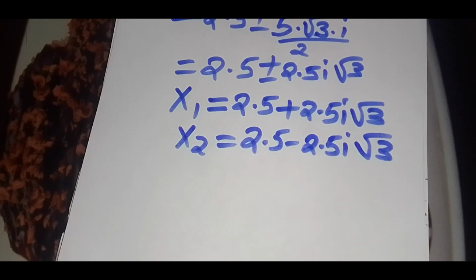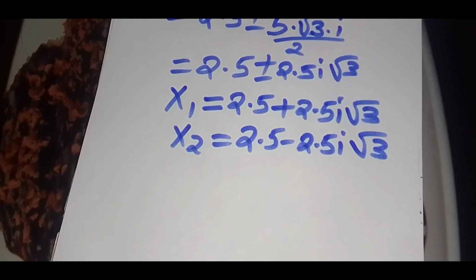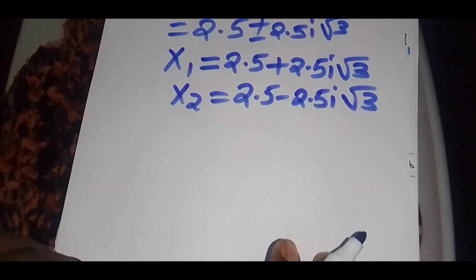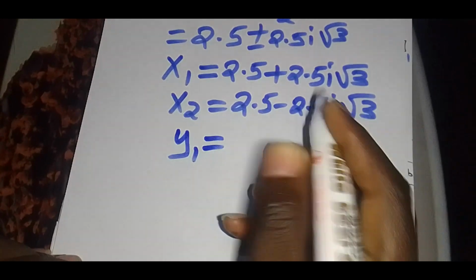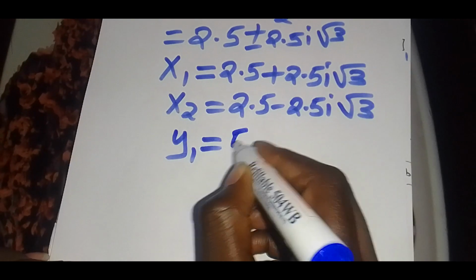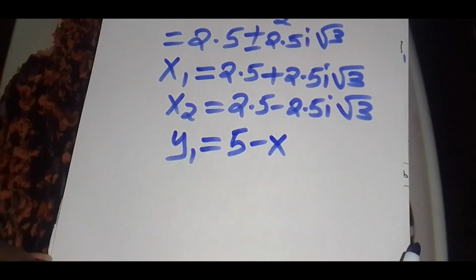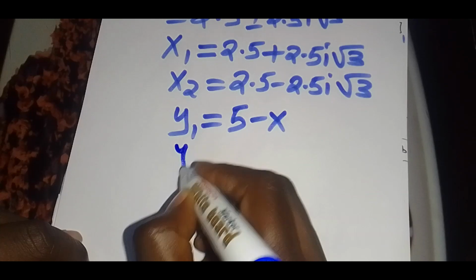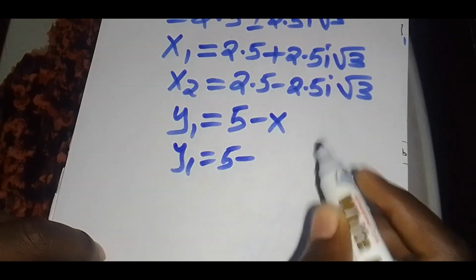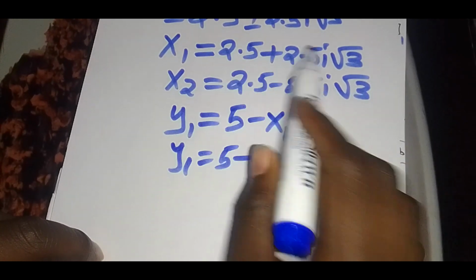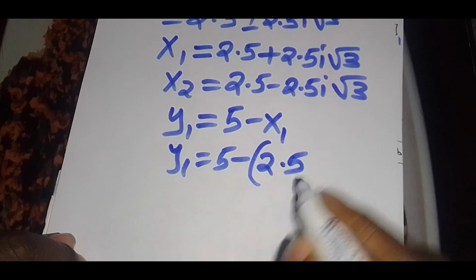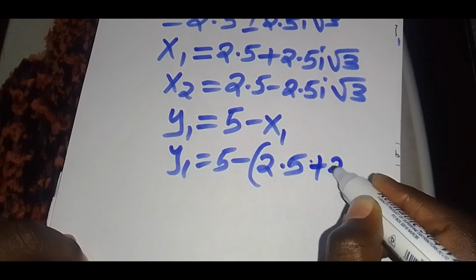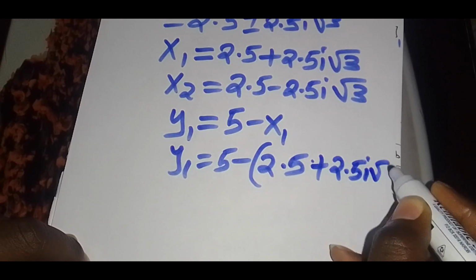Let's calculate the corresponding values of y1 and y2. y1 is equal to 5 minus x1, which is 5 minus (2.5 plus 2.5i square root of 3).